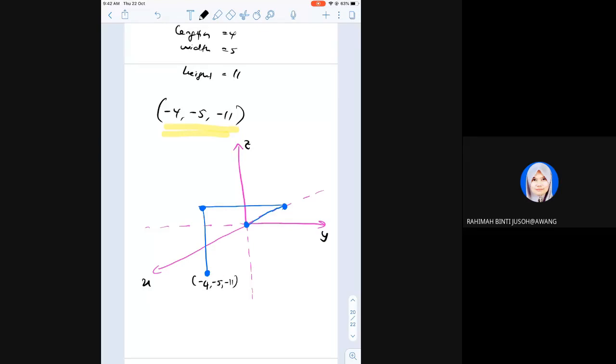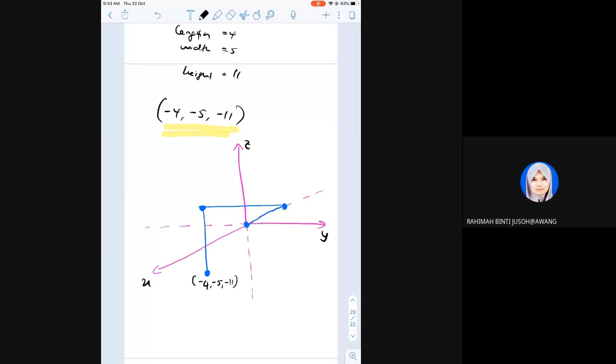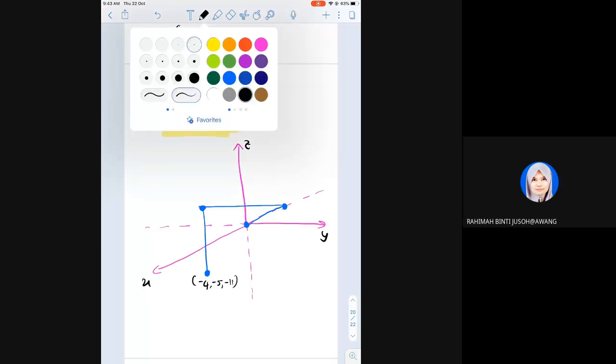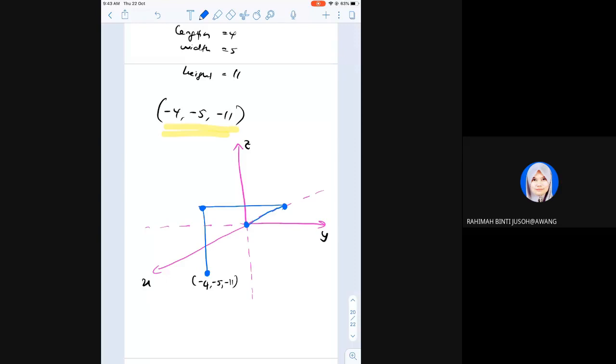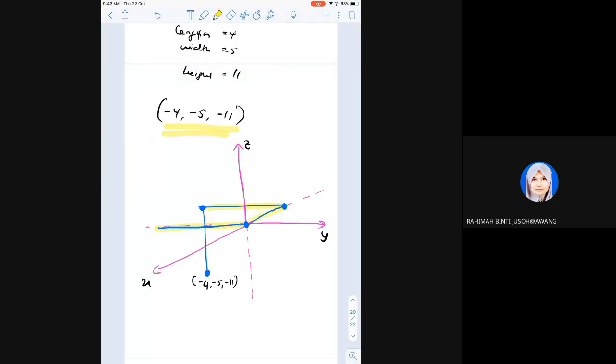Okay, now kita nak lukis box. Alright, you faham dah? You kena imagine kotak tu berada dekat bawah, sebelah belakang, sebelah kiri. So guys, kawasan atas ni, ini adalah dia punya bumbung box. Okay, the roof of the box. So what you should do is, you make it parallel. This line adalah parallel dekat kawasan ni, kan? So kita pun buatlah parallel line here. Okay, and then this line is parallel to this line.